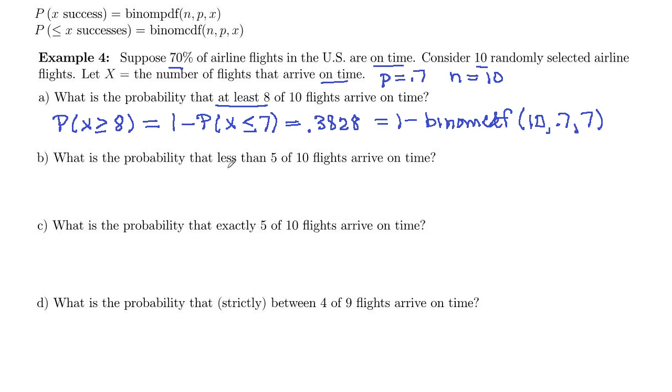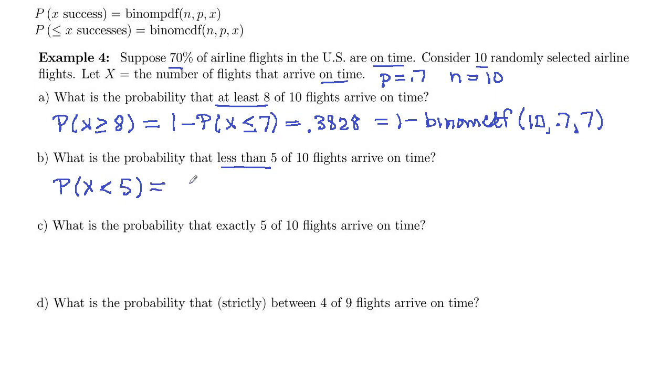What's the probability that less than 5 of 10 flights arrive on time? So that's saying, what's the probability that our random variable X is strictly less than 5? Well, this is not a less than or equal. We have to write things in terms of equal or less than or equal. So if you're strictly less than 5, that's 0, 1, 2, 3, 4.